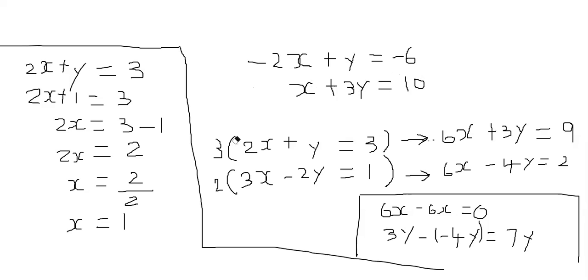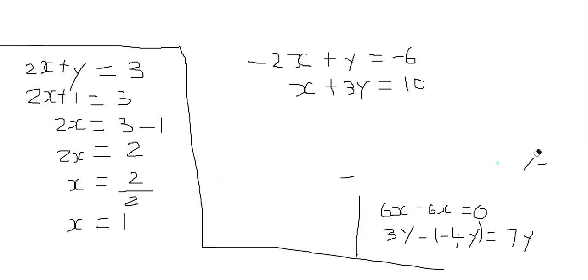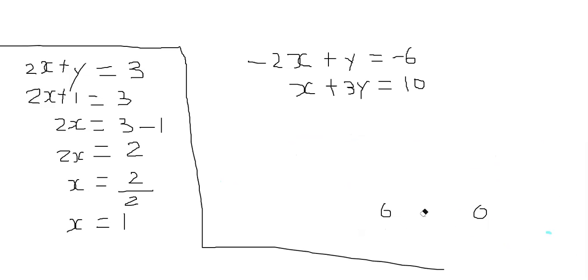So work that one. Negative 2x plus y equal negative 6. Equation 1, and then equation 2 we have x plus 3y equal 10.